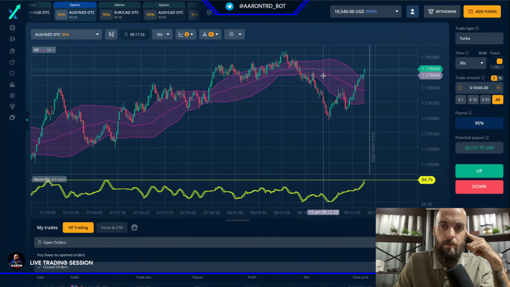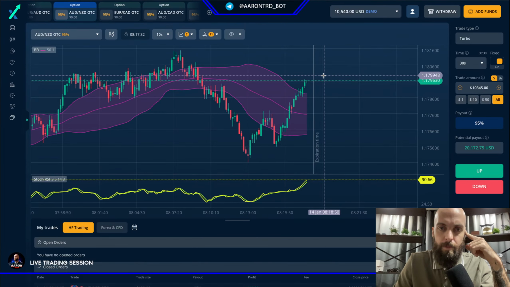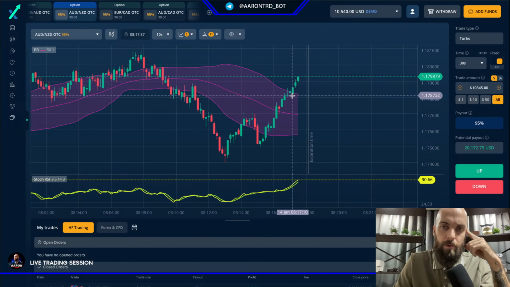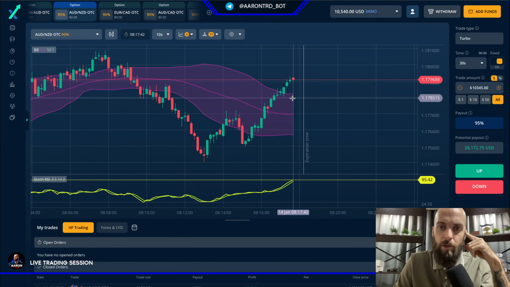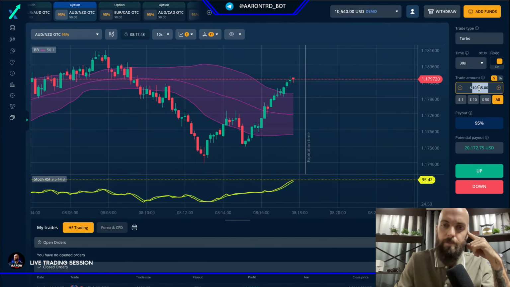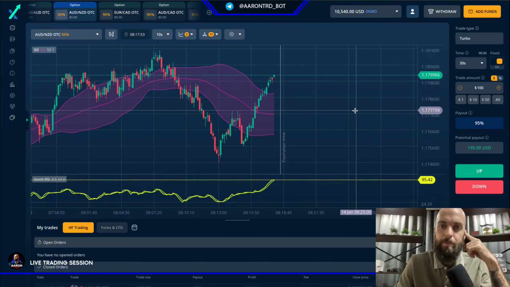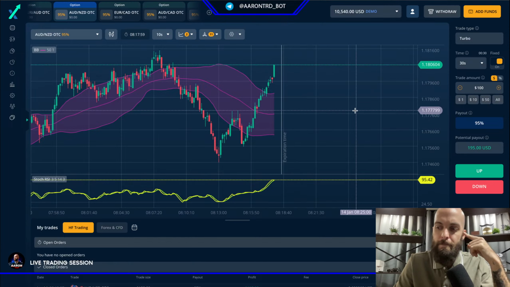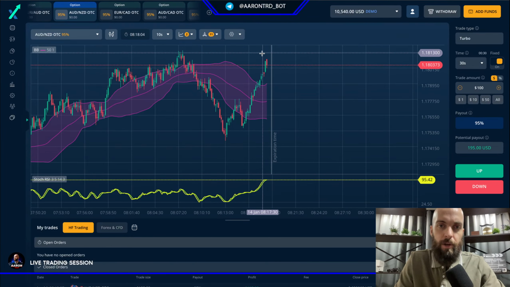So let's wait for a bounce back down. And if we can close below this upper band, bounce off, come down, we'll try to go for a down. Yeah, look, it doesn't want to break this level.